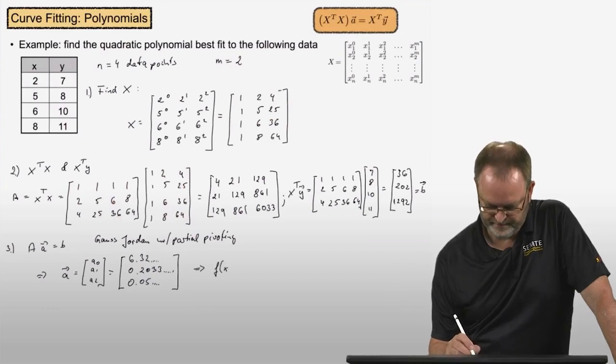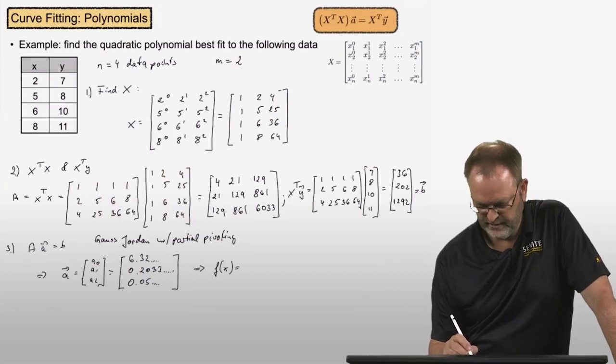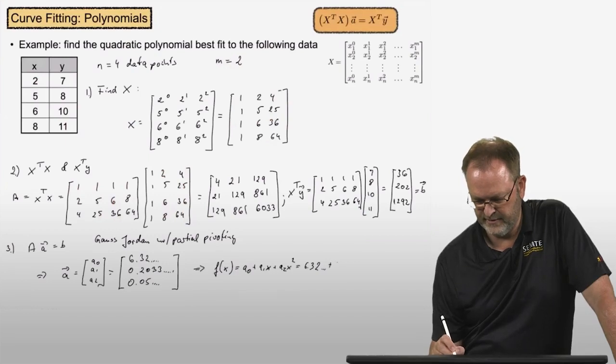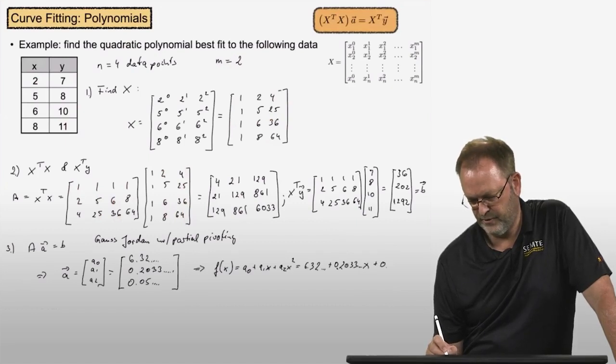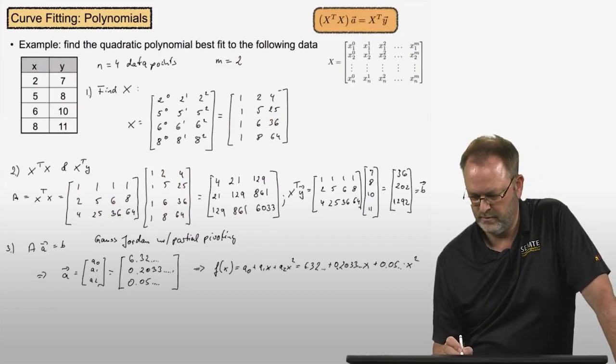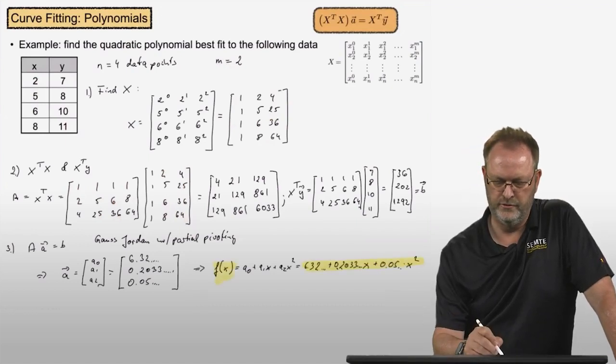So f of x is equal to a0 plus a1 x plus a2 x squared, and that's equal to 6.32 and so on, plus 0.2033 further digits times x, plus 0.05 further digits times x squared. And this is now the best fit quadratic polynomial to this data set.